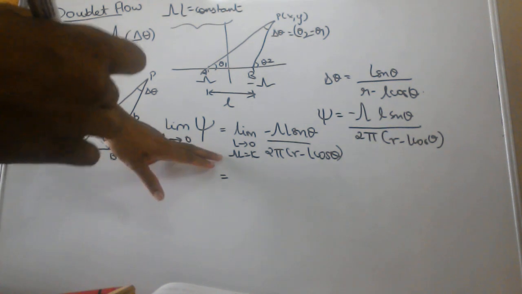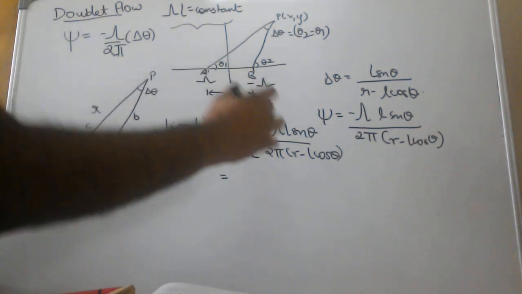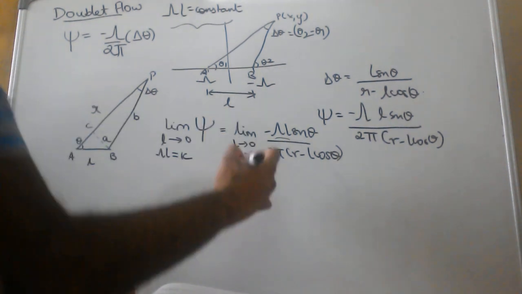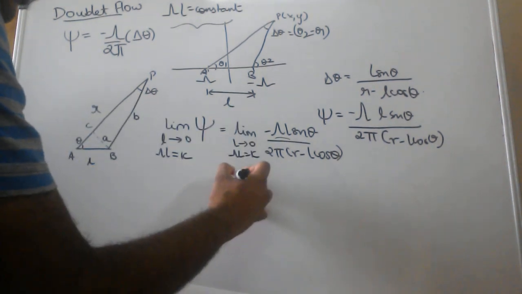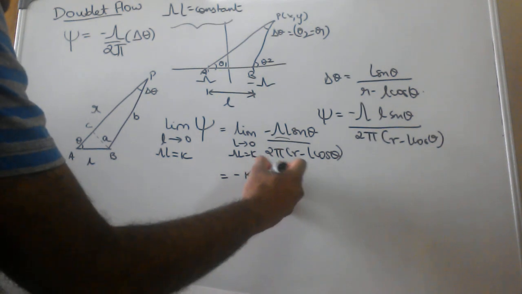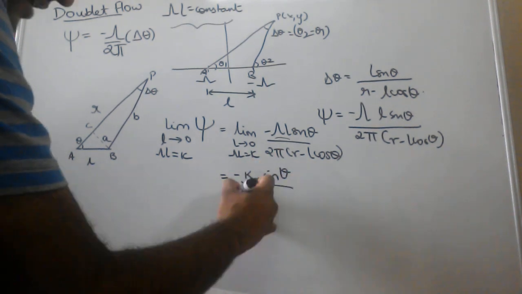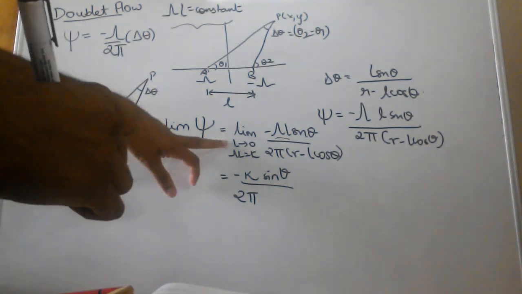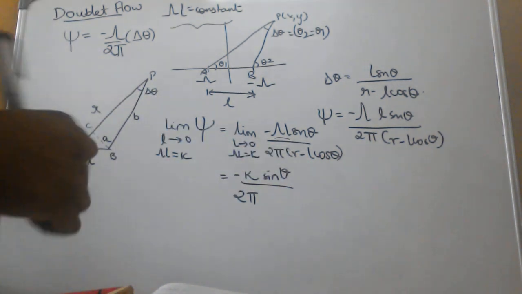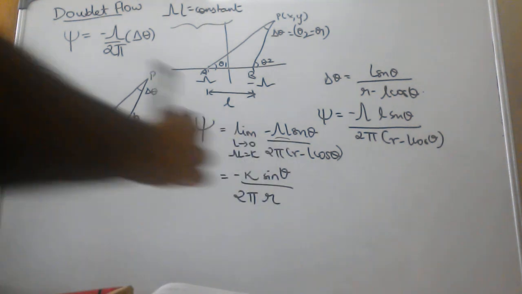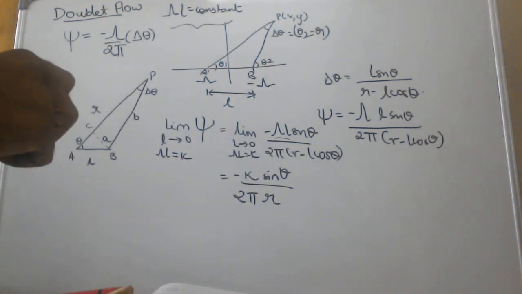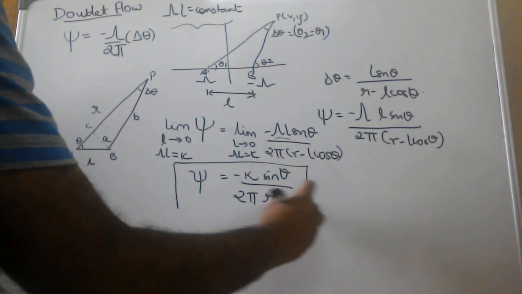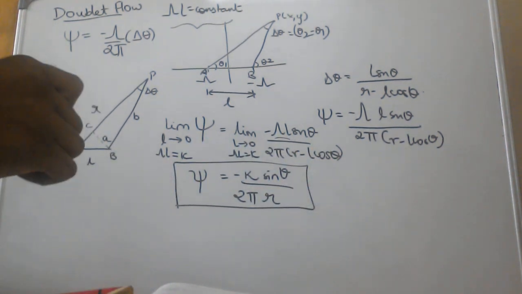Because of the constraint, this quantity lambda L is going to just be a constant kappa, so I can remove that out of the limit. Sine theta is not affected by the limit, nor is 2 pi, which is a constant, and applying the limit L tends to 0 makes this quantity 0, and what I get is minus kappa sine theta by 2 pi R, and this is the stream function for a doublet flow.